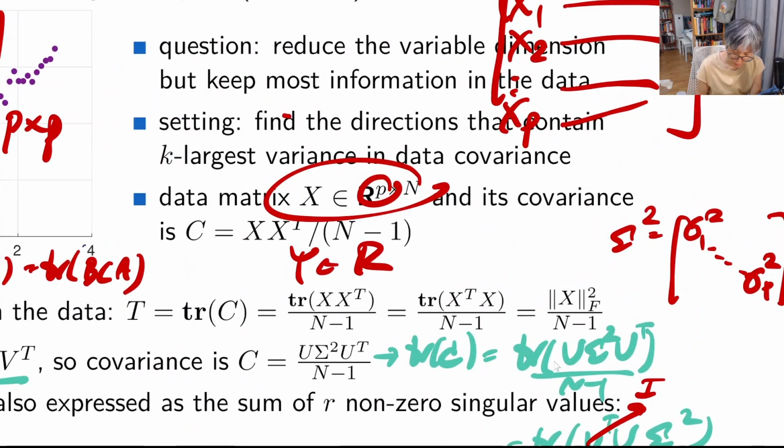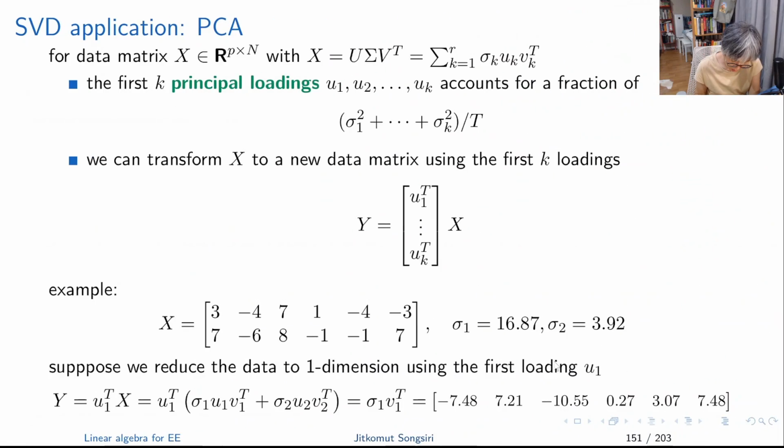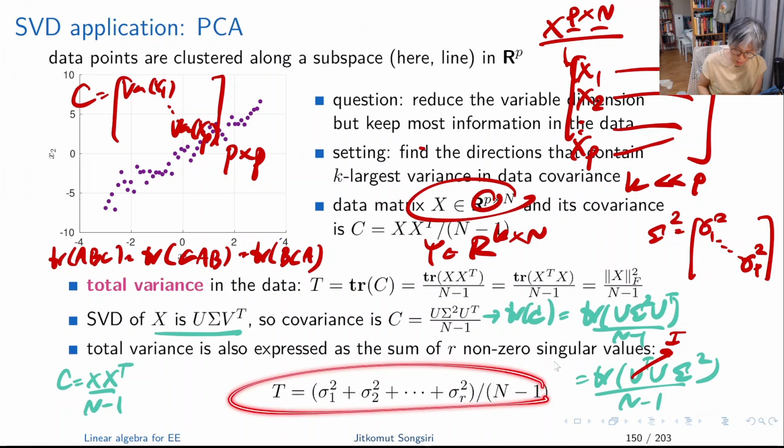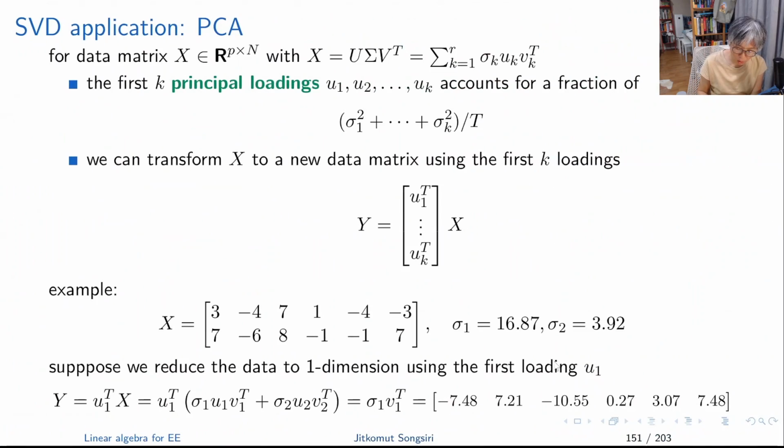Let's say k, so k by n, where k is much less than p, for example. At the same time, when we reduce the dimension, we also want to keep a portion of the total variance, not much less than the original one. So we know that the total is this. How about we truncate and keep only k of them?